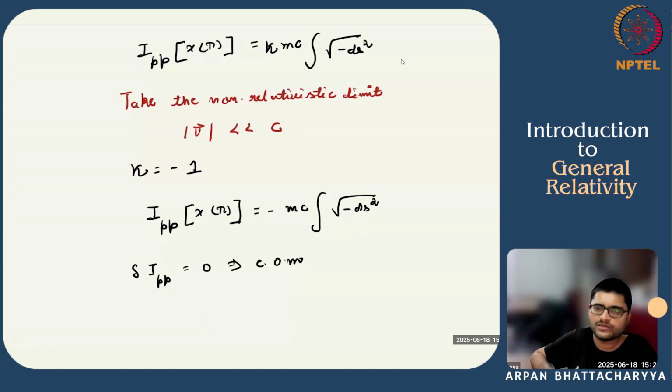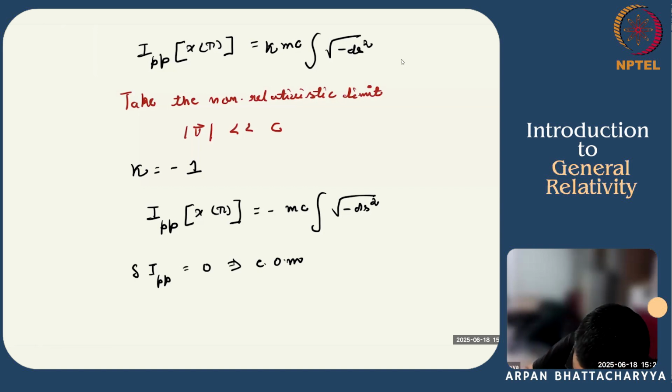This is what we call the principle of least action, or stationary action. And for the point particle, the action is nothing but literally the distance between the two points. So you are minimizing the distance between two points, so we are finding the shortest distance.